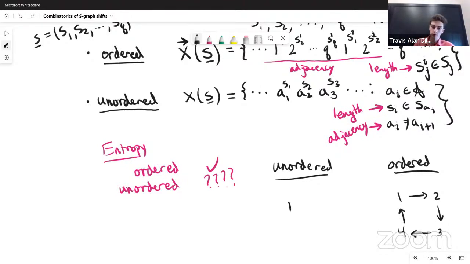But for the unordered case, if I were to draw the same diagram, twos can follow ones, but also ones can follow twos, and anything can follow anything else as long as it's not the same thing. This is why we don't include zeros. We really want to make sure that the blocks are different. So we have these two graphs. On the one side, we have a cycle, a directed cycle. On the other side, we have a directed complete graph.